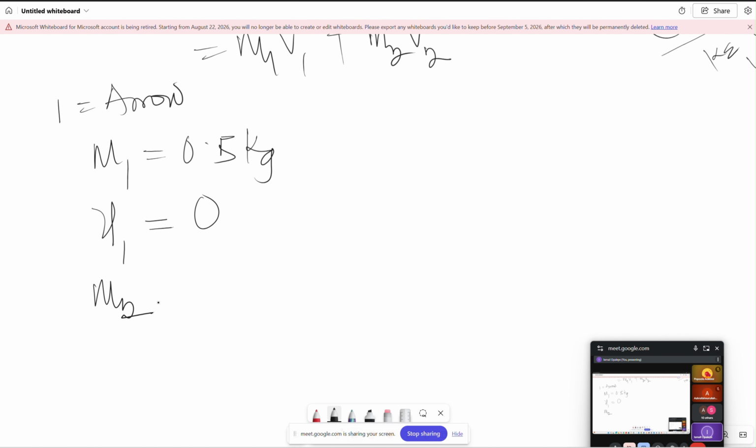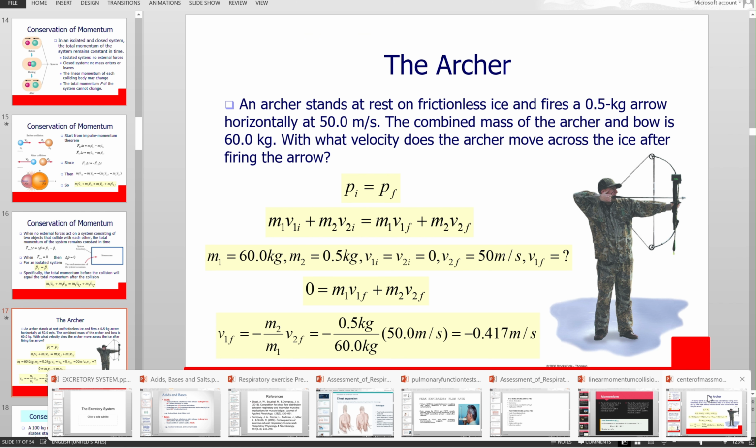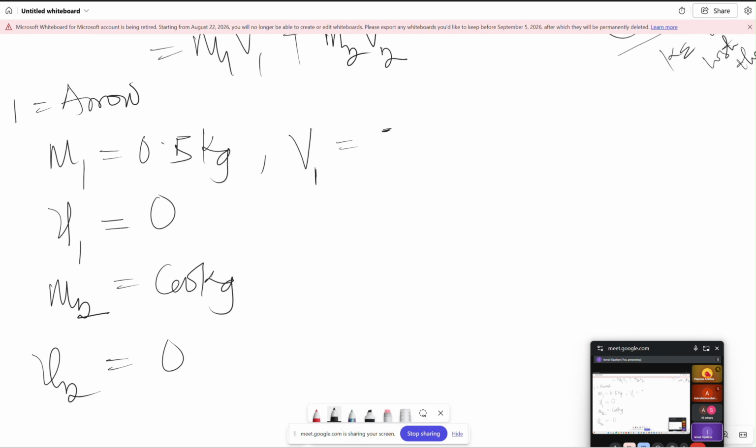Mass 2, which is the archer, its own mass is 60 kilograms. It was also at rest at that time, so that's zero. Now, as soon as we fire that arrow, the arrow attained a final velocity. That's v1 for the arrow now. What is the final velocity again? Is that 50? Okay, that is 50 meters per second. And for this one, this is what we are looking for.